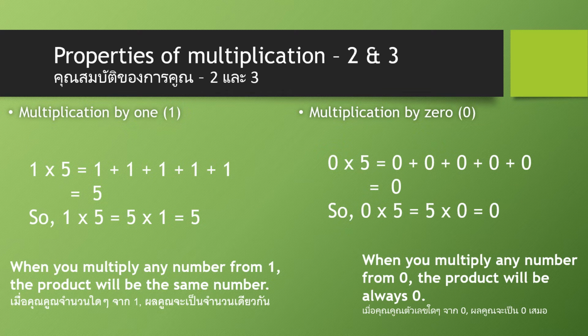So here you can write 1 times 5 or 5 times 1. Both are equal. Equals 5. 0 times 5 equals 5 times 0 equals 0.